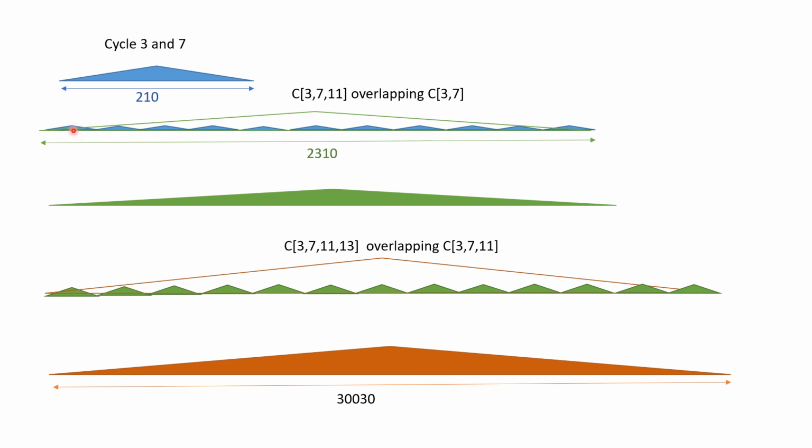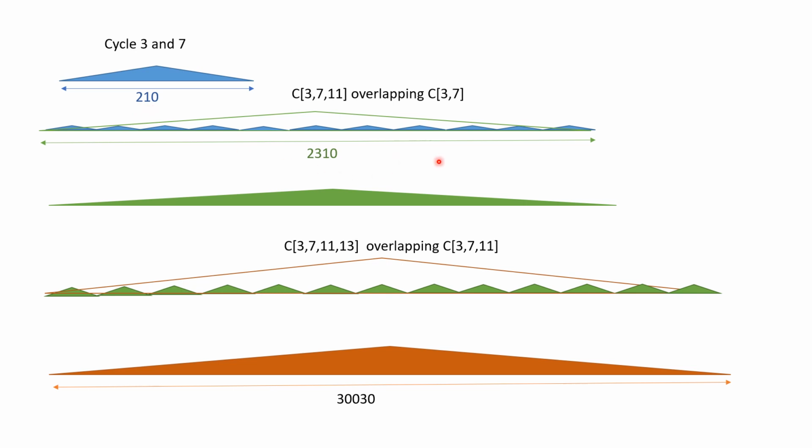So you will have 11 times the cycle of 3 and 7 together with the cycle of 11 to form a new merged cycle. They're always going to be symmetric. And look, now the length will be 2310, from 210, which was the previous one.